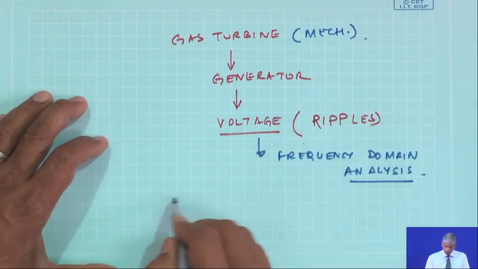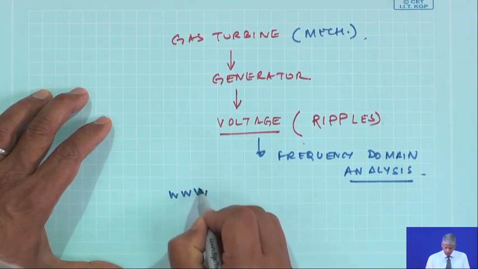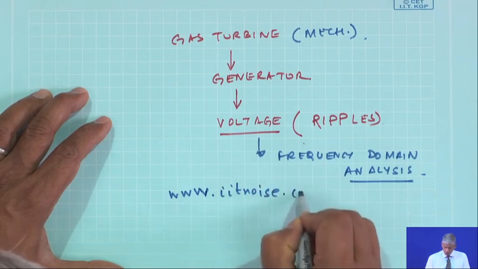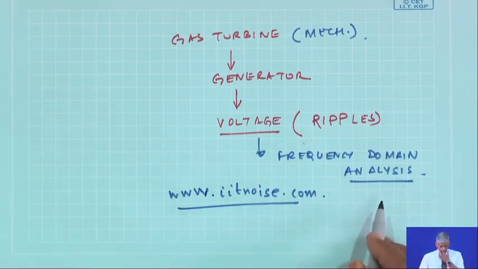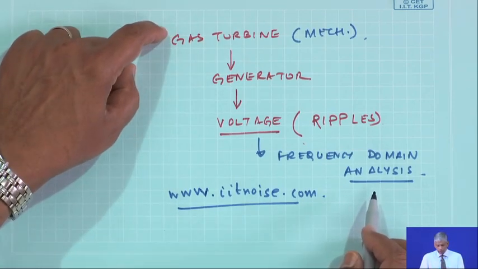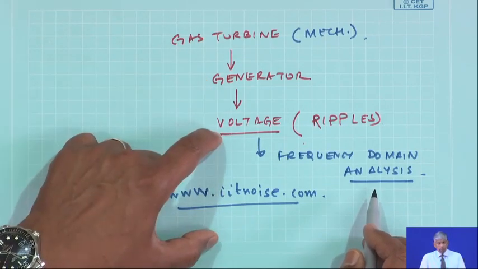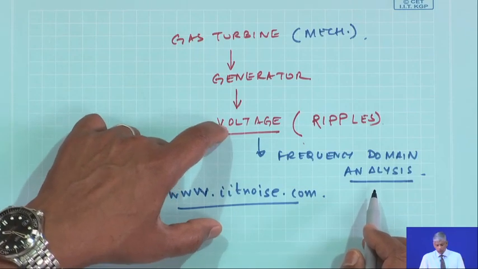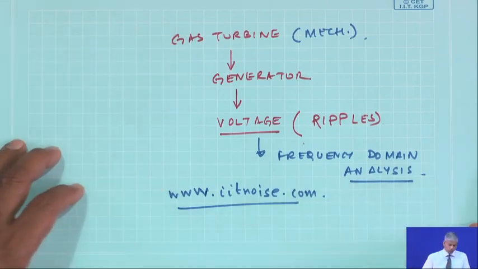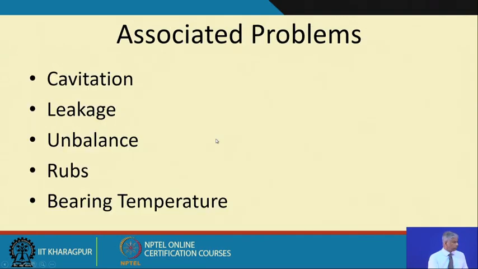And I have a patent on this, and for more details of this patent, you can go to my website, and anybody who wants to obtain the license of this patent from me can get in touch with me. So, for that matter, any mechanical device which is being coupled with a generator, if somebody does an analysis of the voltage generated by this generator, we can find out the defect frequencies of the mechanical unit, and this is what we did for the case of a gas turbine.